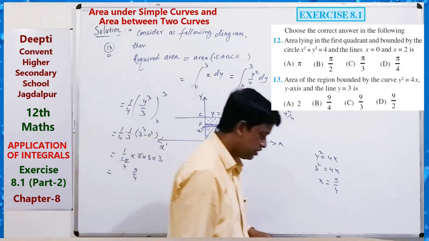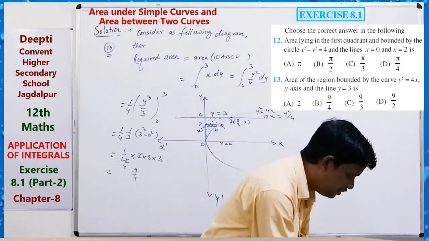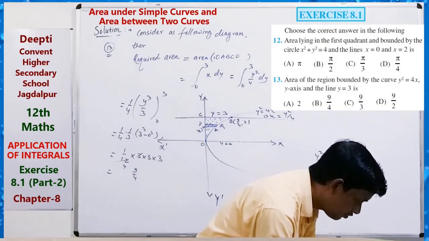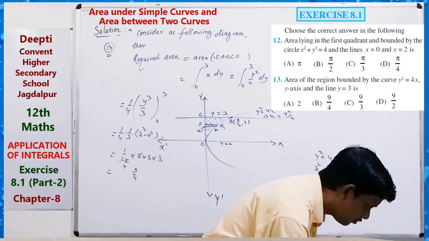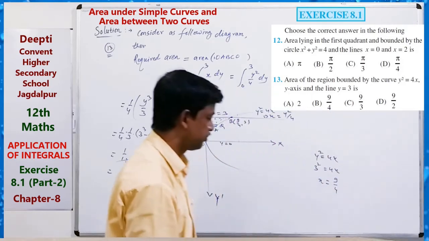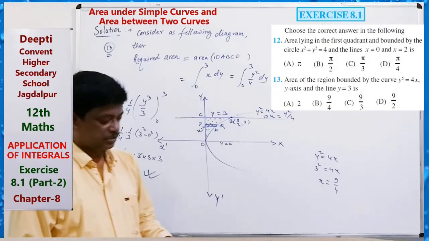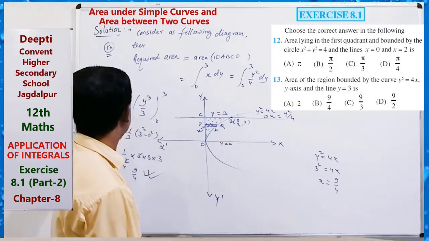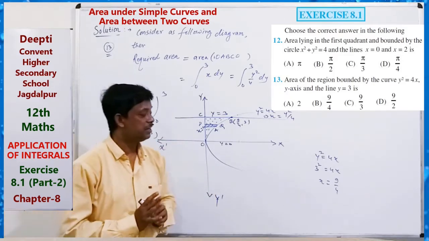The answer is 9 by 4, option B. This is the answer. Clear? So this was question 13 of exercise 8.1, so exercise 8.1 is completed.